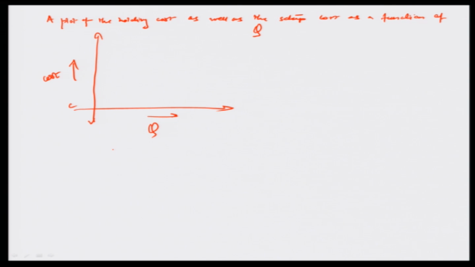Obviously, we are talking about a condition of a minima of this particular cost corresponding to the value Q star. So, this total cost is minimized here.